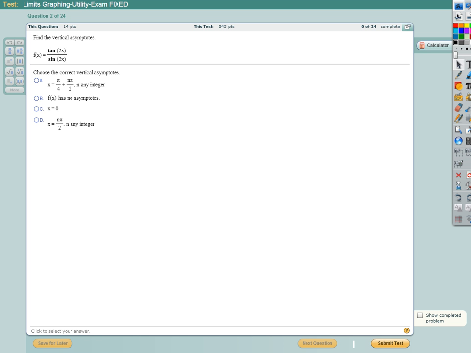So which, I guess none of those look exactly like that. Which one would it have been? Would have been A, wouldn't it, if we just distributed the pi over 2, I guess. Well, we had (2n plus 1) pi over 4.